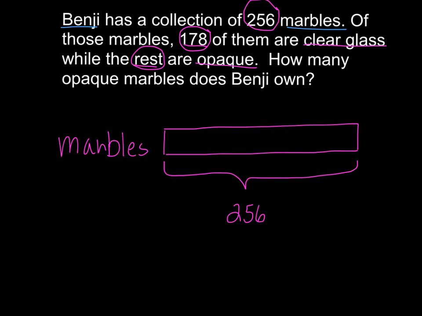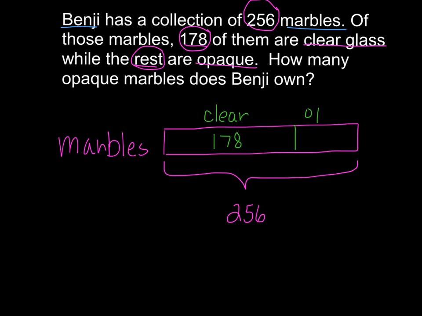Then I know that part of them are 178. And I know 178 is a pretty good amount compared to 256, so I'm going to take it as most of the bar. Those are the clear marbles, so I'm going to label that above, and I'm going to put 178 in that box.